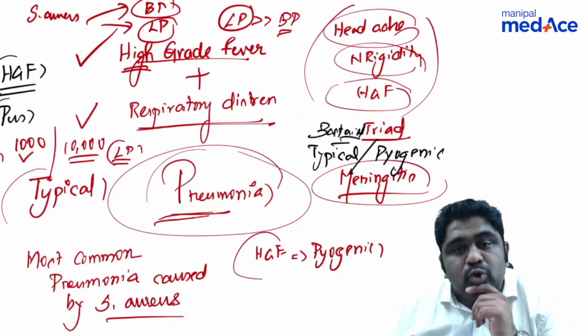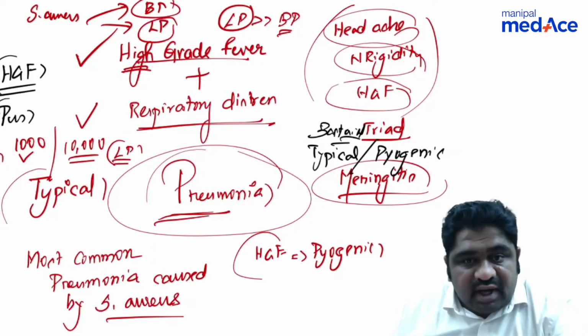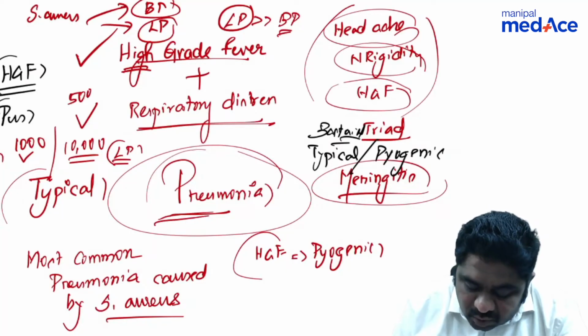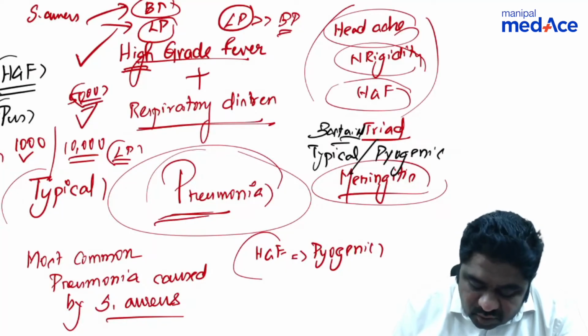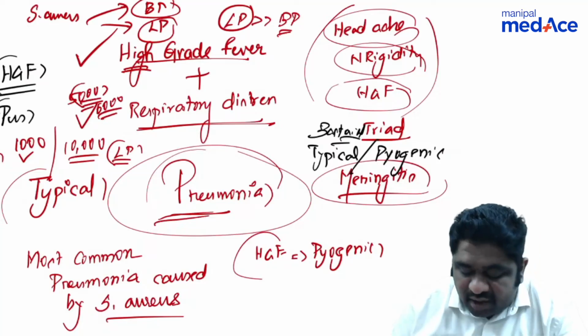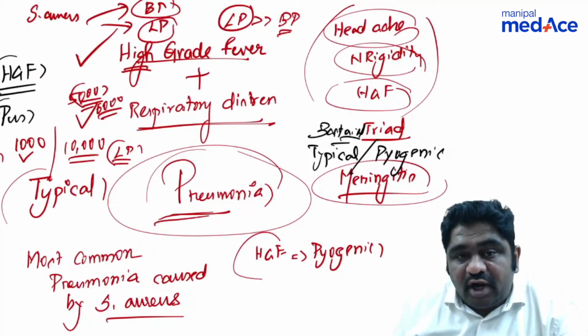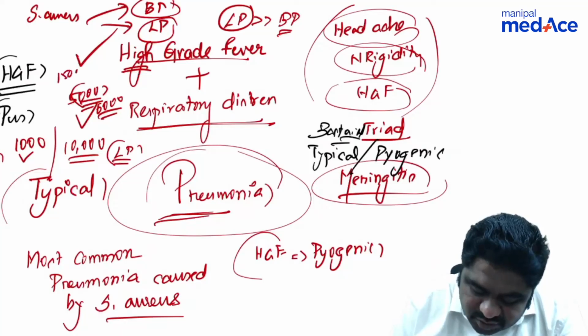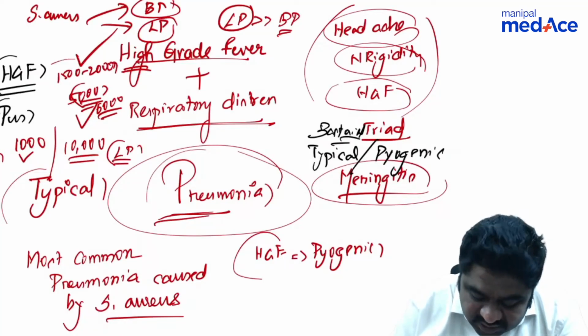Now, when I ask you who is the most common cause of lobar pneumonia, the answer is pneumococcus, right? Pneumococcus will take up 5,000 to 6,000 cases. But if I ask you how many lobar pneumonia cases were caused by Staph aureus, the answer will be approximately 1,500 to 2,000 cases in a general community.